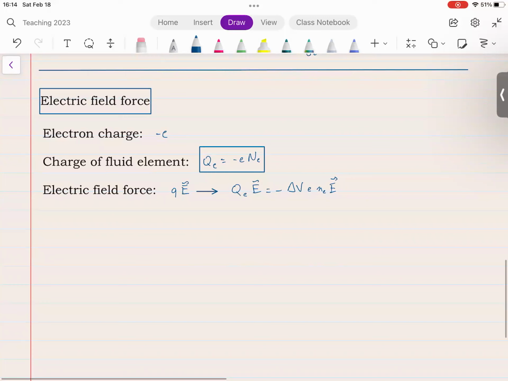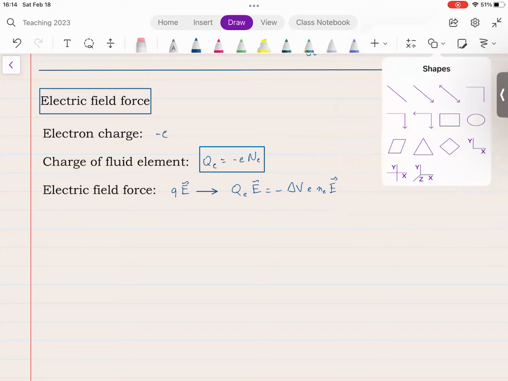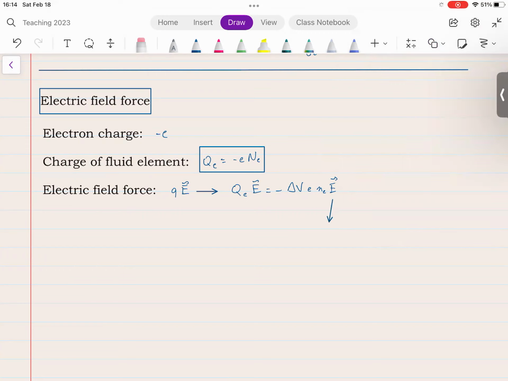And that is the one I'm going to use to figure out what is happening to a fluid element. It's not the field due to a single particle, but it's the long-range electric field. And another minor spoiler, I'm going, of course, to do the same thing for the magnetic field as well.